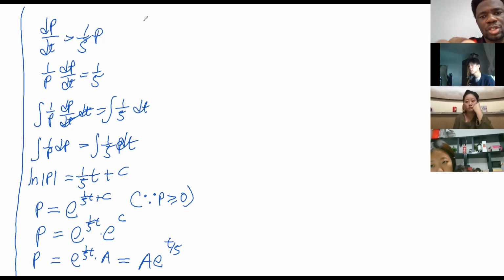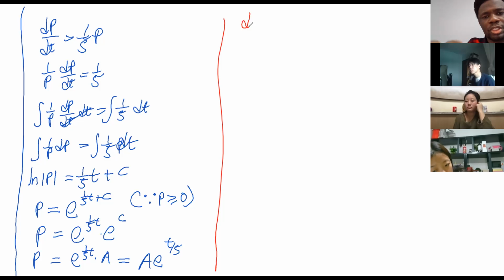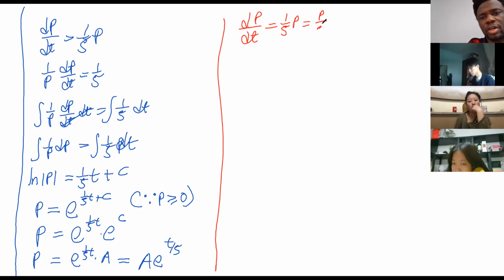What Ethan is trying to say is that the other approach can also work. You have your dp/dt equals 1 over 5p. So he's saying, now this is more or less p over 5. If you flip it, dt/dp will be equal to 5 over p.